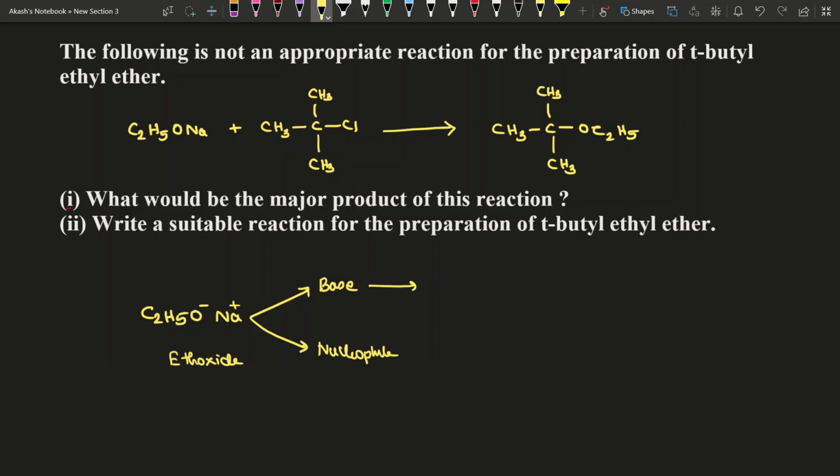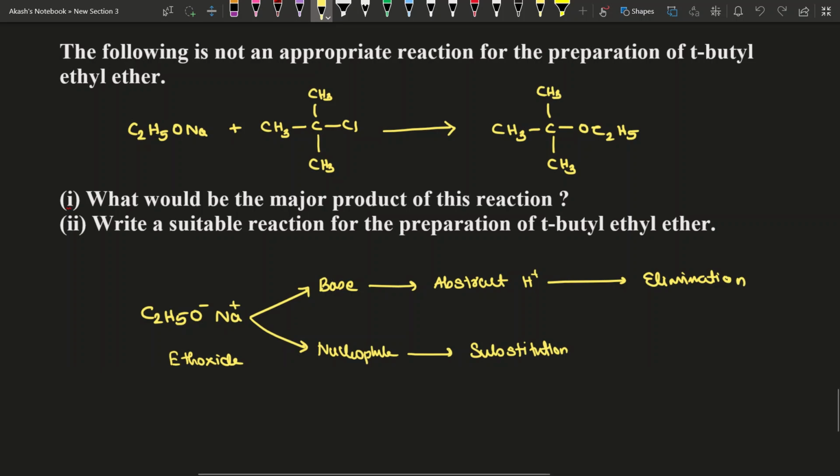If it is acting as a base, it will try to abstract a proton. If it is acting as a nucleophile, it can do a substitution reaction to form a nucleophilic substituted product. If it is abstracting a proton, it will lead to the elimination reaction. So depending upon how this ethoxide ion is acting, whether as a base or as a nucleophile, the product would vary.